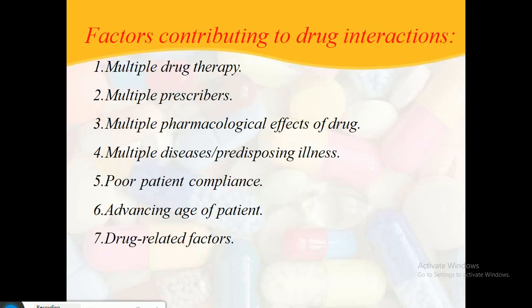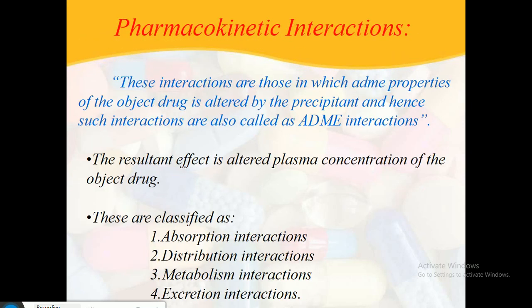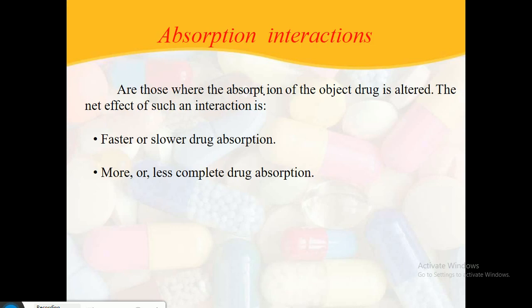We have already discussed how its activity can be changed, and the net effect of such an interaction at the level of absorption. So how is the absorption of the drug changed?